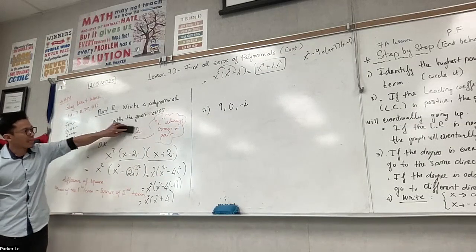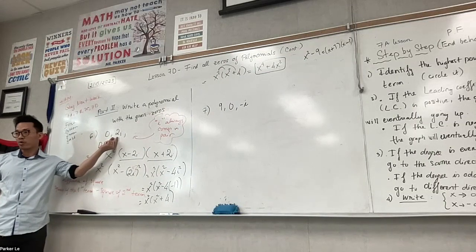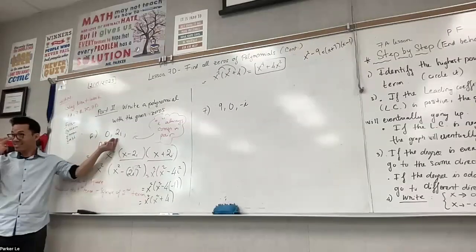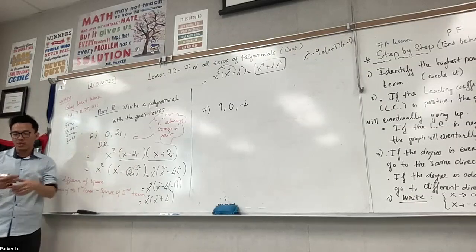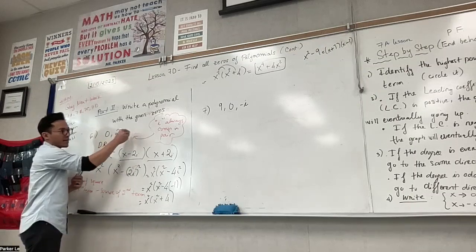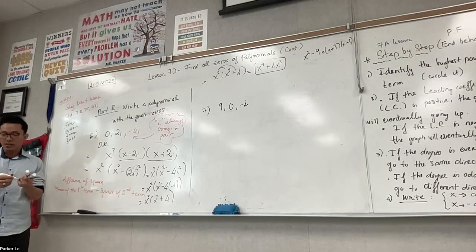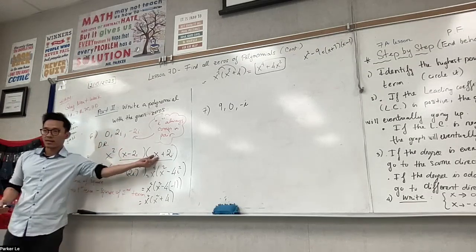Initially, they give you 0 and 2i, the other solution. But remember, i's always come in pairs. So if you see 2i, you need to automatically fill in the negative 2i as well, the conjugate pair. If you see 1, you need to fill in another one. So I have 3 solutions. So 1, 2, 3.